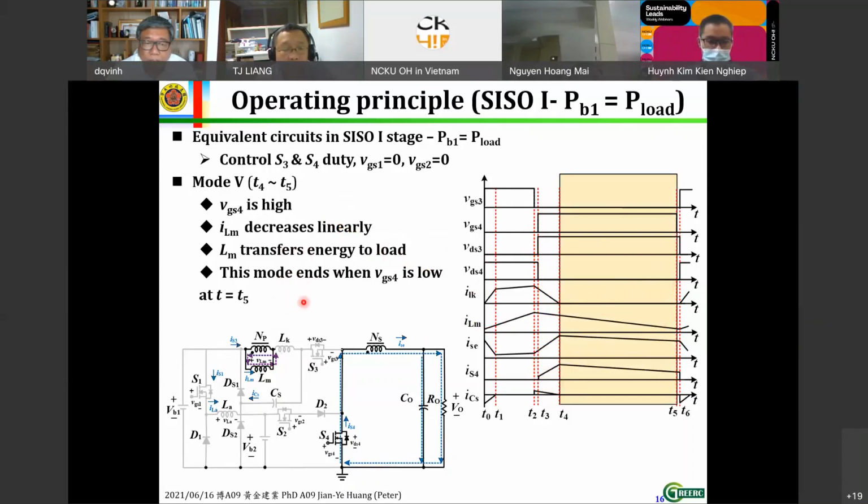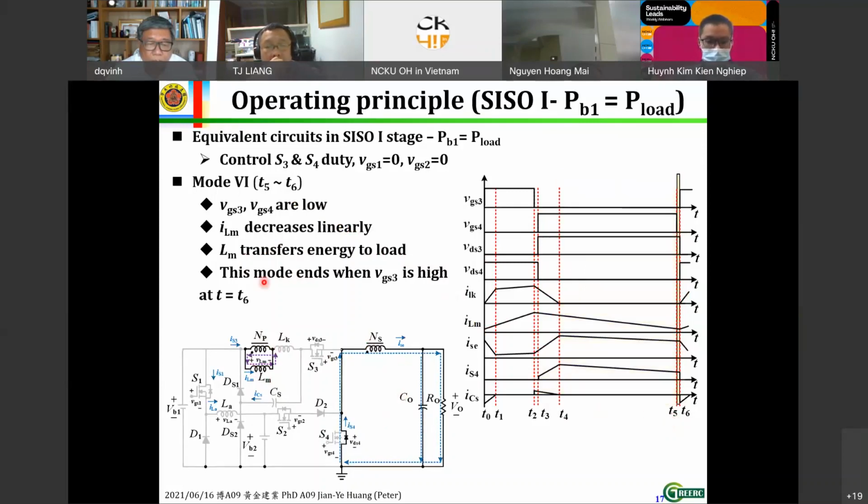The ILM transfers energy to load through the coupled inductor, and this mode ends when VGS4 becomes low at T equal to T5. In mode 6, when VGS3 and VGS4 are low, ILM continues to decrease. LM transfers energy to load through the coupled inductor, and this mode ends when VGS3 is high at T equal to T6.